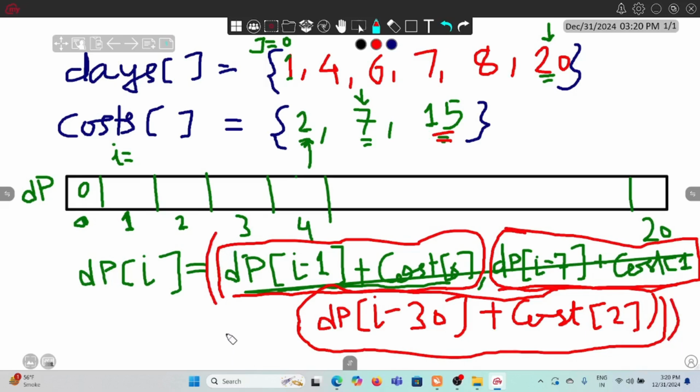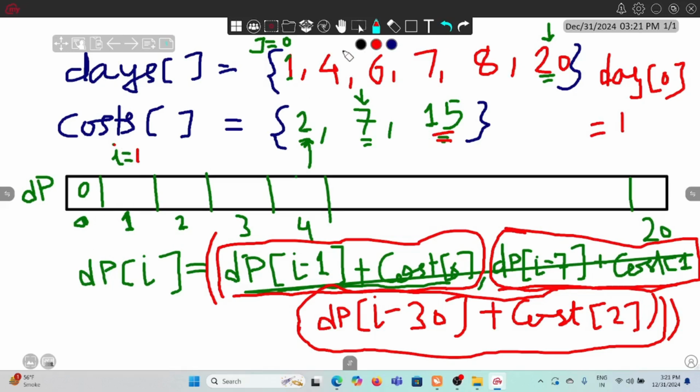Okay, but wait a minute. That was the case when day of j was initially j equal to 0, when day of 0 is equal to I, so we started with I equal to 1, and day of 0 is also 1, so we are putting it directly here.